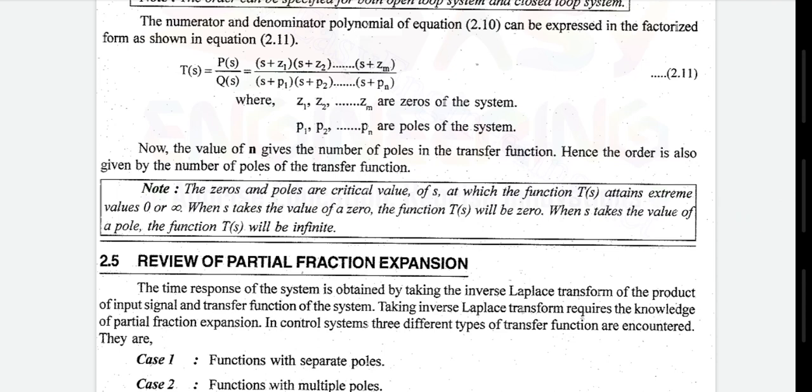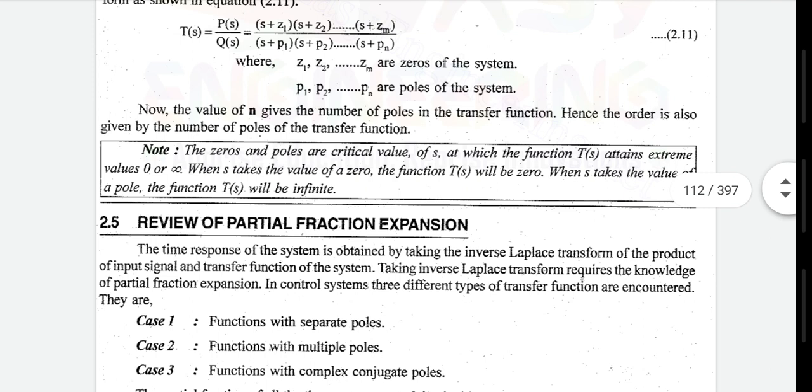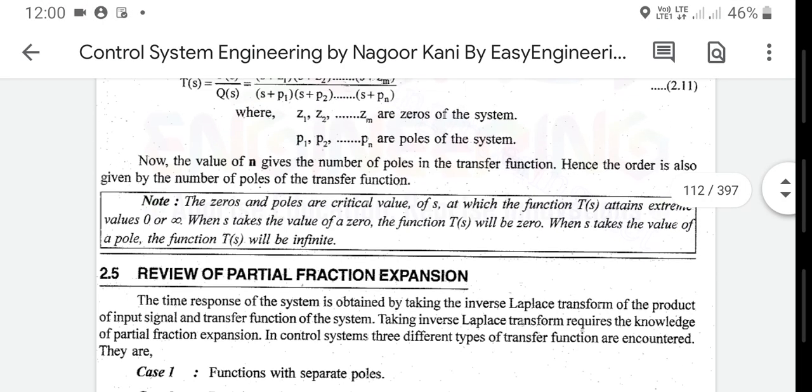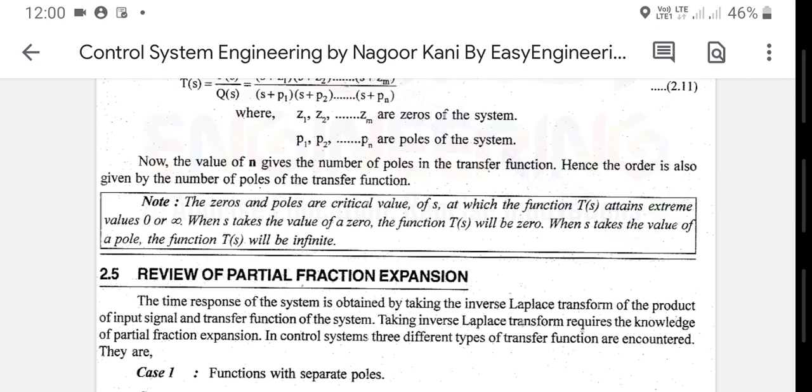Similarly, in the denominator, if you find the roots, you express them in factorized form, such as s plus p1, s plus p2 and so on up to s plus pn. Those p1, p2 up to pn are the poles of a system.